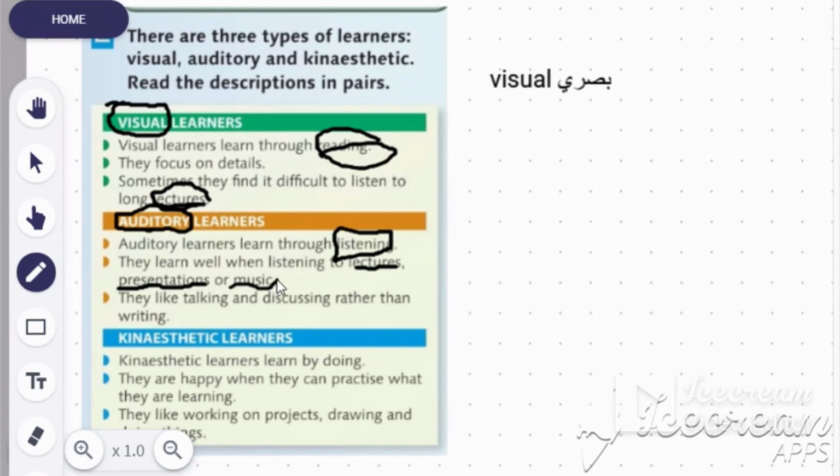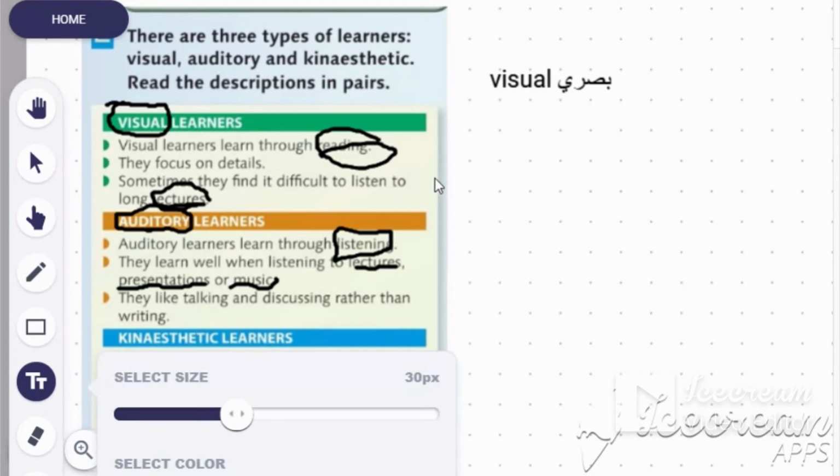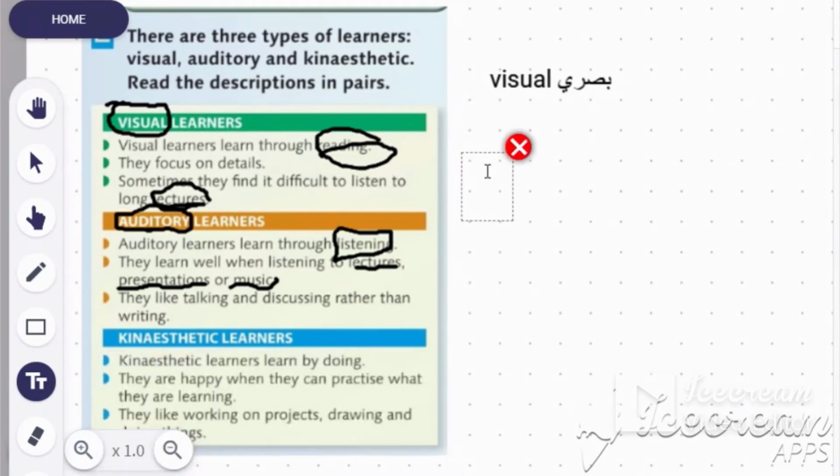So they concentrate, بيركزوا, on listening. So they like listening to the information, so they learn it.